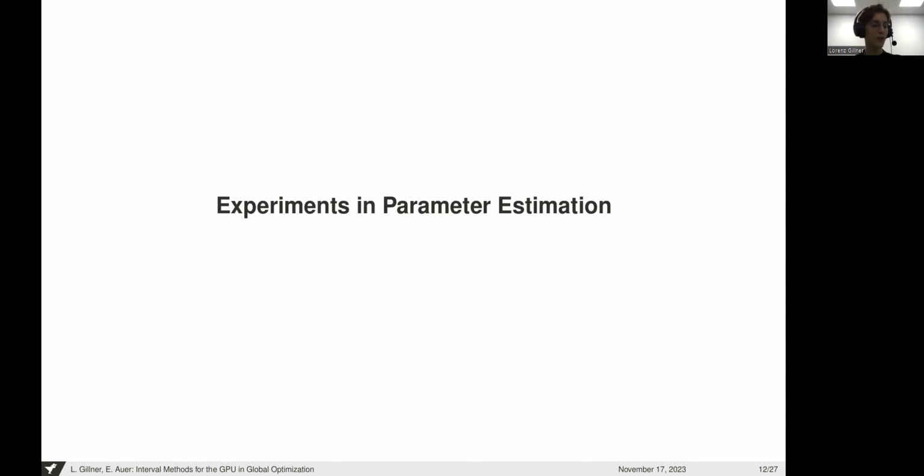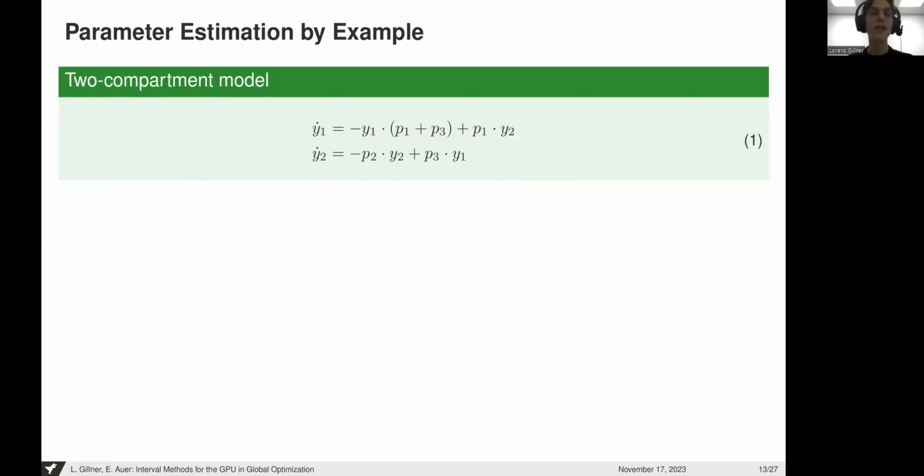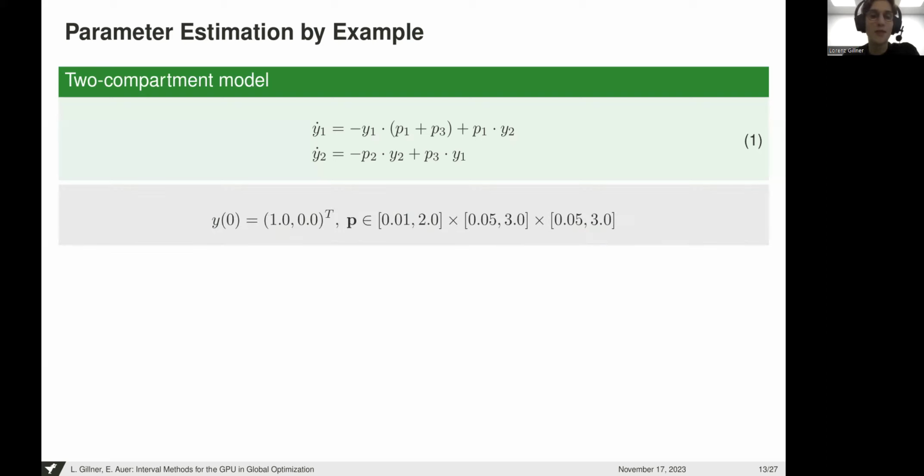So let's look at some experiments we did with GPU programming and intervals, and we looked at Julia and C++ in that regard. Our scenario is a parameter optimization, a parameter estimation scenario. So given this classic two-compartment model, which is known from the literature, with given initial conditions, we want to estimate the parameters of this model, and the parameters are known to be contained in this search space.